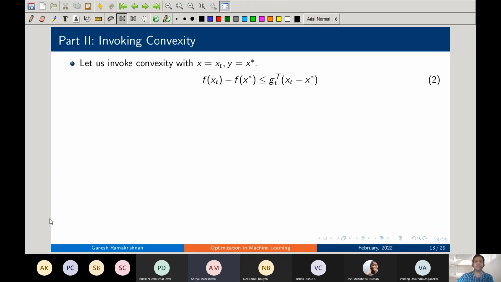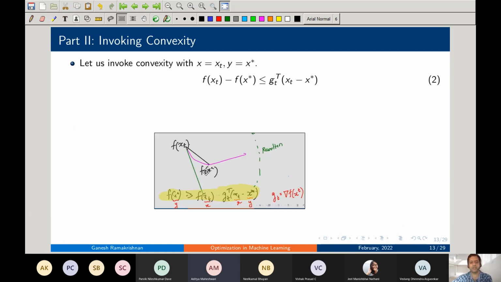We're going to invoke convexity with x equals xt and y equals x star. That's the green part. By now we have seen enough, but nevertheless, let's just write this down.